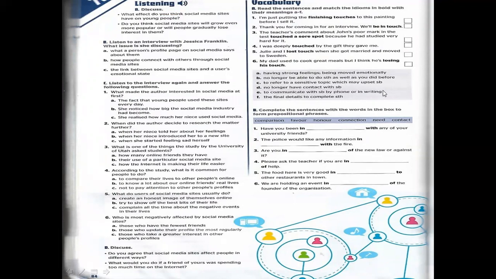Now, in this exercise, you will find sentences. In these sentences, you have idioms. In each sentence you have the word touch, but we use it in a different way.